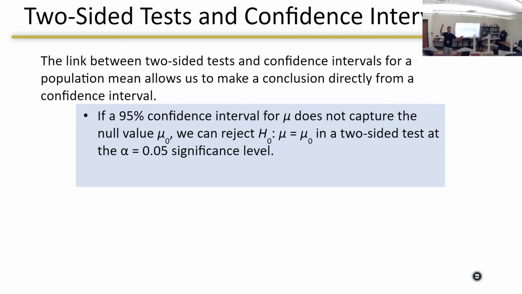If H0 is not in the interval, you reject. If it is in the interval, you cannot reject. That's a plausible value. We expect to see that. If it's not in there, we don't expect to see it. It's not plausible, so we will reject.